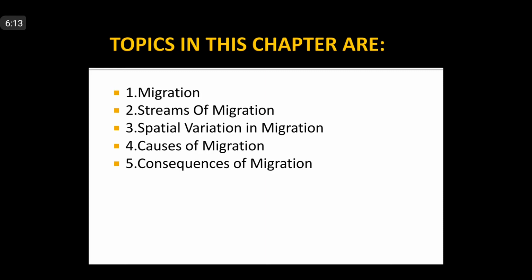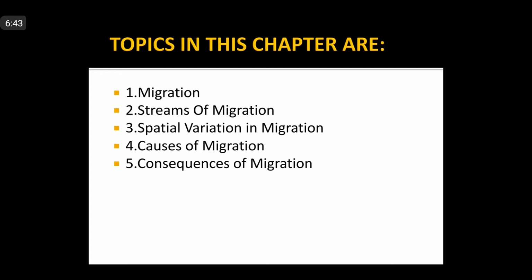Some of them are natural disasters like flood, drought, cyclones, and political instability, or local conflicts like war, riots, poverty, then lack of employment opportunities, then high population pressure on land, and sometimes lack of infrastructural facilities like health care, education.